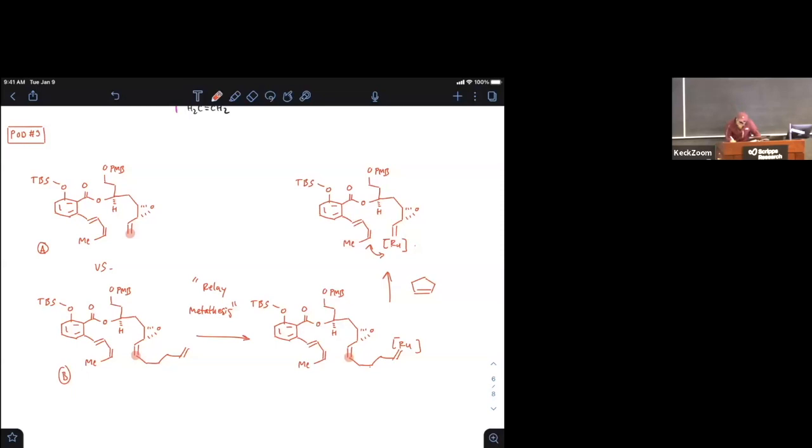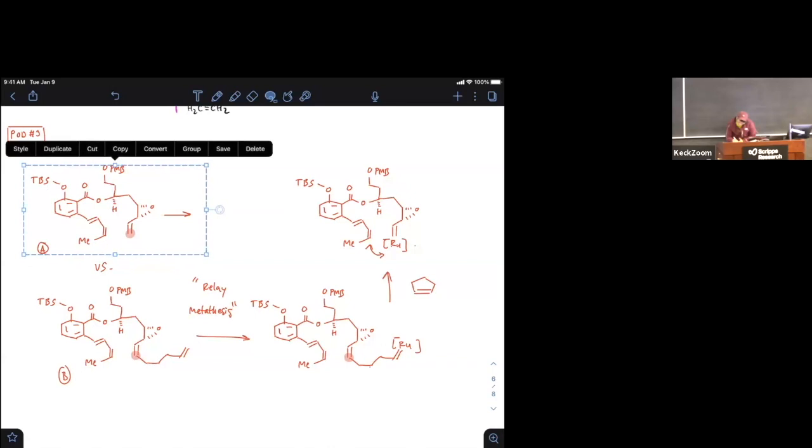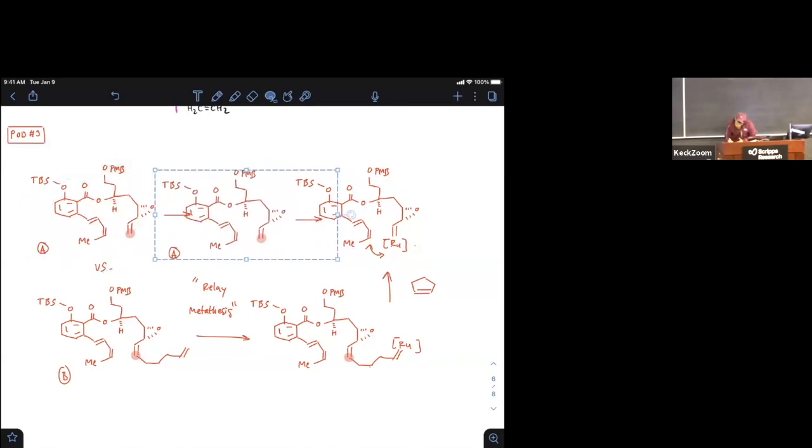What happens in the other case, why this one doesn't work so well, is that in theory, if you engaged that epoxide alkene, you would get to the same intermediate. And that would be good, but that's not what happens, unfortunately. It happens some of the time, enough of the time to get modest yield.